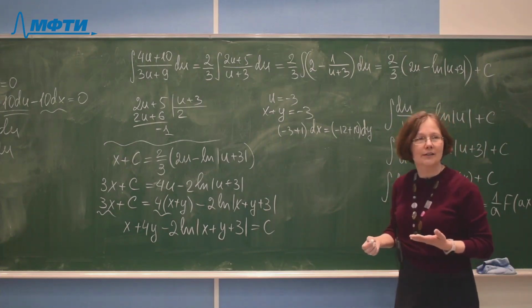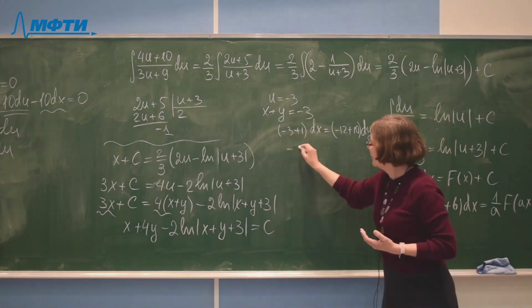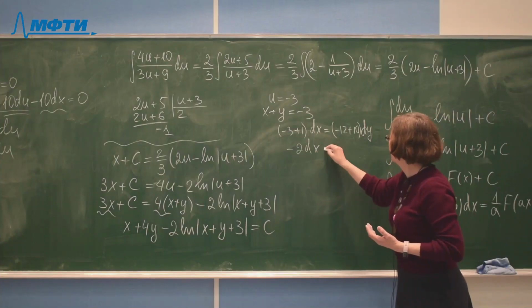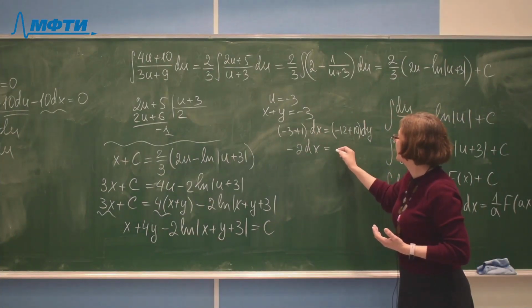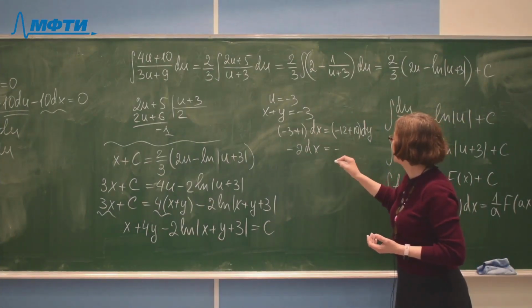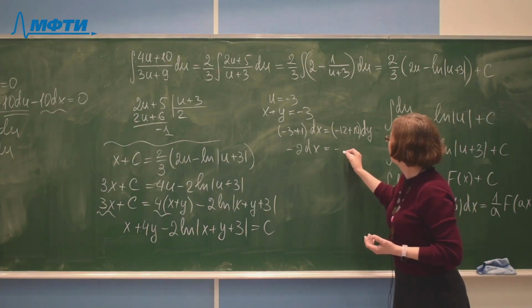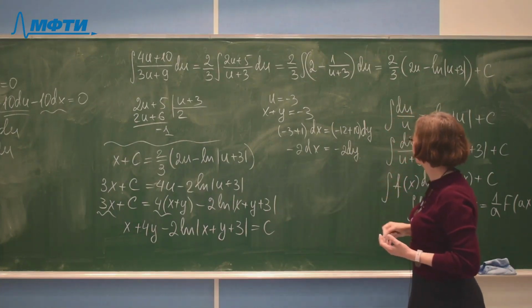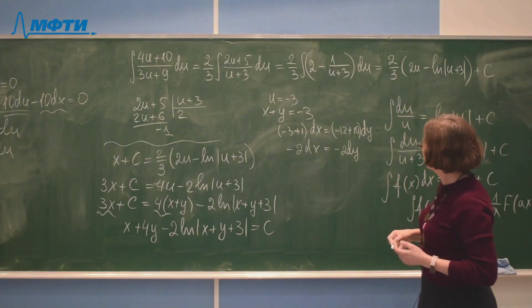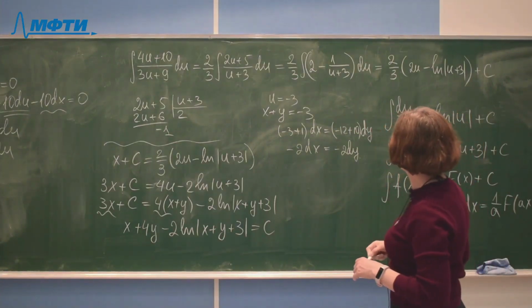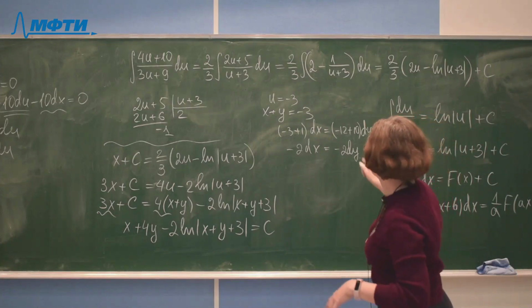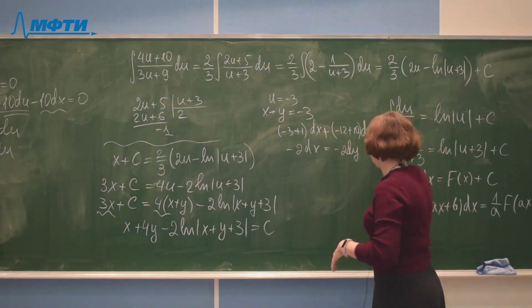How to check? Let's compute. Minus 2 dx equals minus 2 dy. So it seems to me that it is plus. Sorry, it was plus, and equals 0.